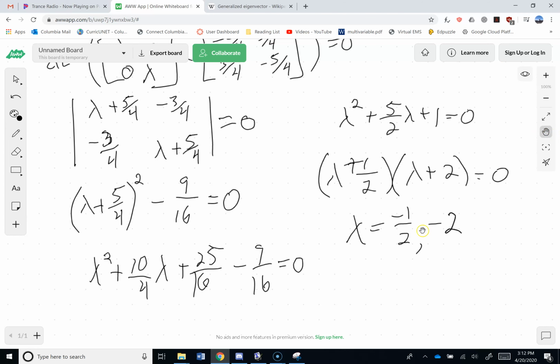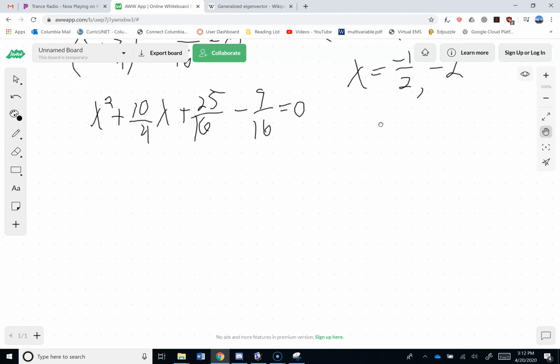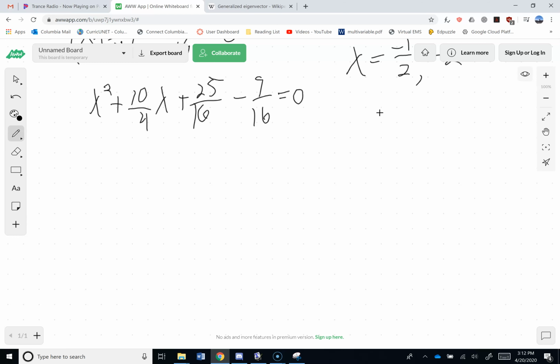Okay. Now what? Now you have to find the eigenpairs. Now you have to do lambda equals negative 1/2 identity minus A. Okay, so I need to take my A minus lambda I, right? And sorry, you guys do that the other way still. My bad. That would be lambda I minus A at lambda is minus 1/2, and also at lambda is minus 2.